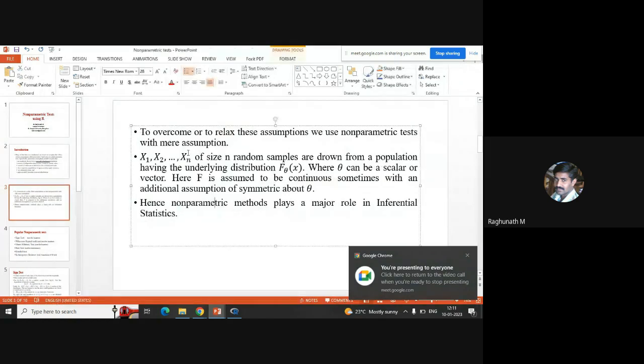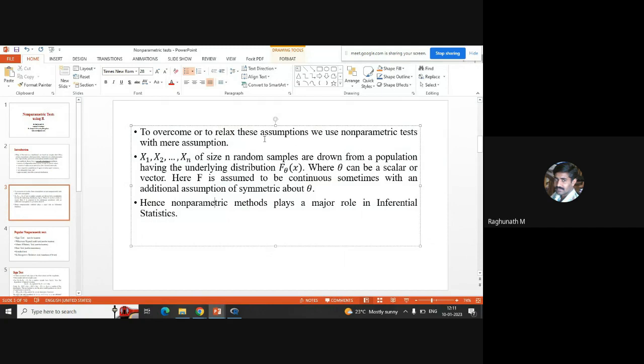Now, to overcome or relax these assumptions, normality and all other things: in the parametric sense, whenever we take a sample x1, x2, ..., xn, we assume it follows f_theta(x). So in the traditional parametric sense, this f is assumed.